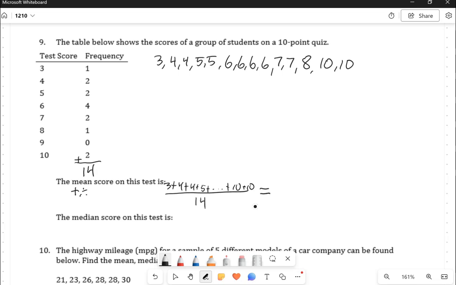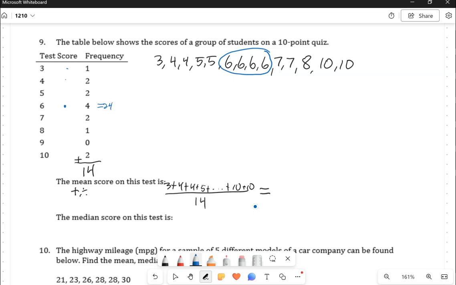But we can also, so for example, these 4 sixes would add up to 24. We can get that by multiplying the test score and the frequency as well.